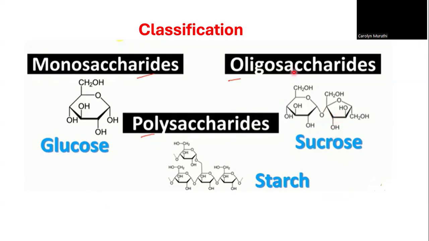Sucrose is an example of an oligosaccharide. In regards to polysaccharides, these are sugar polymers which contain more than 20 monosaccharide units, and starch, which is found in plants, is a good example of polysaccharides. So let's look at each group in detail.